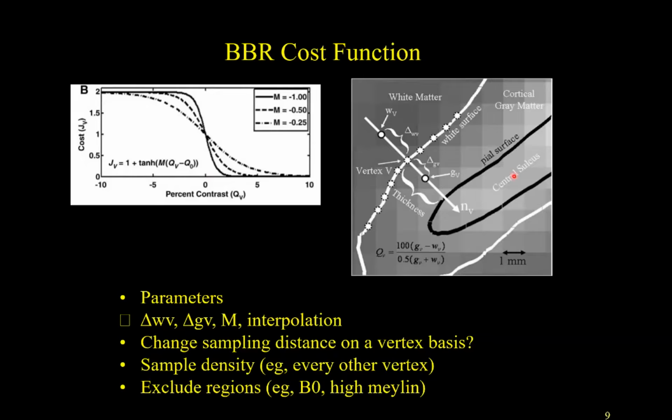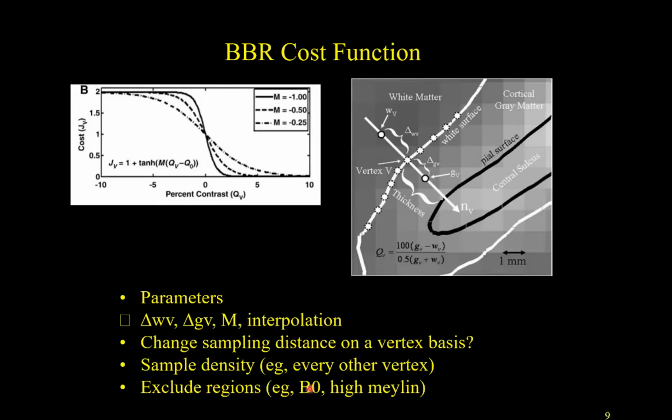There is the interpolation method that you're going to use. So it could be nearest neighbor, it could be trilinear, it could be cubic. There's a question of how densely you're going to sample. So you can sample every single vertex, or you can skip every, say, second or fourth vertex to speed things up.